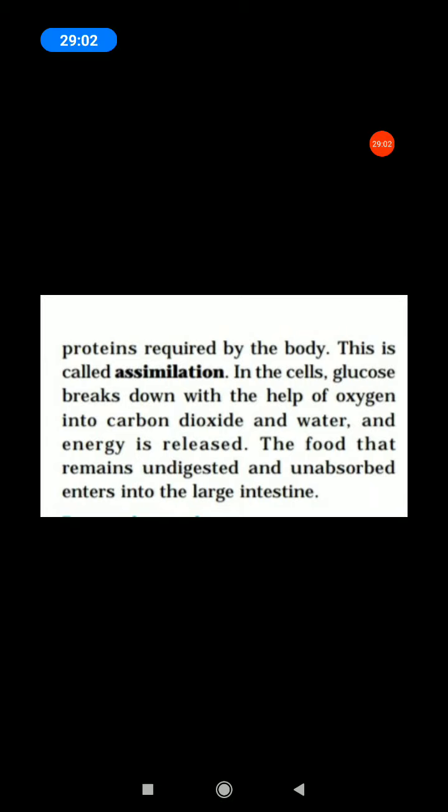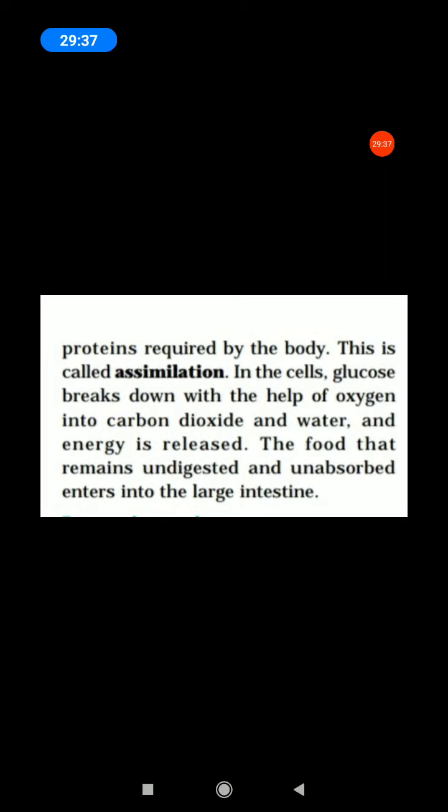What is the difference between absorption and assimilation? Absorption means the digested food materials pass into the blood vessels in the wall of the intestine. Assimilation means building the complex substances, such as proteins, required by the body. Can you understand?